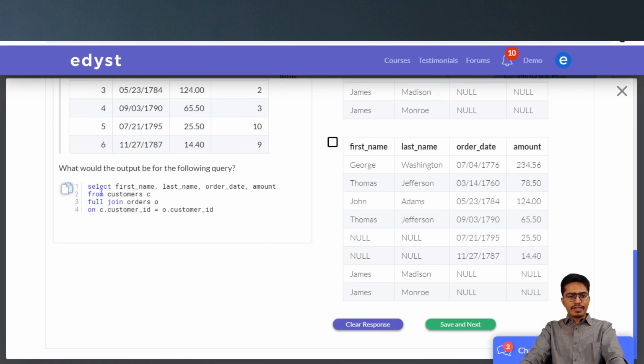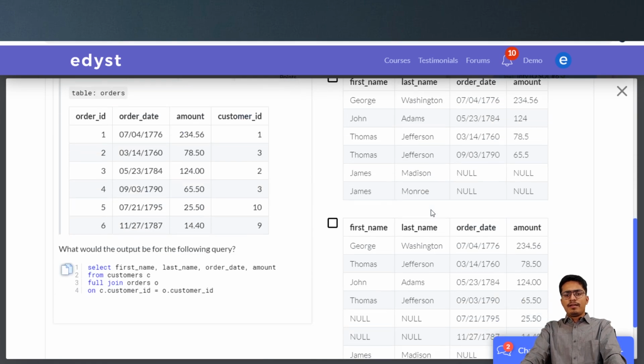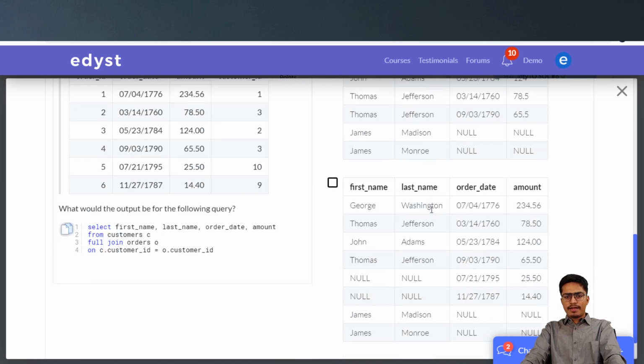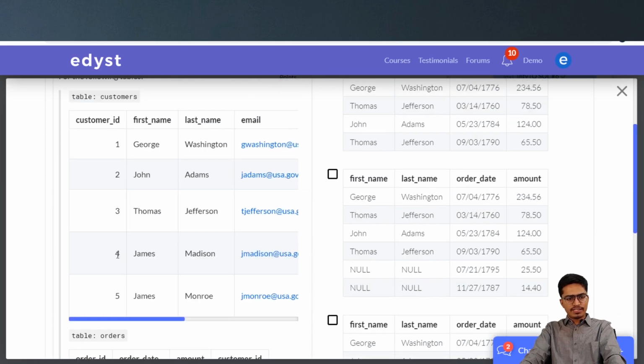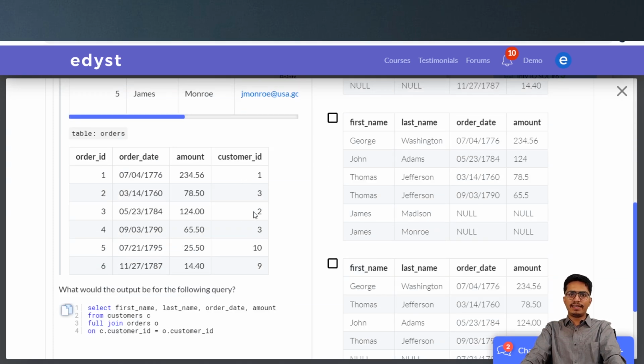Again, here we're trying to do customers full join on orders, okay, which means you will have your inner join. These rows are part of your inner join, okay. And yeah, so you would see that both James Madison and James Monroe, customer IDs 4 and 5, can't match with anything here.